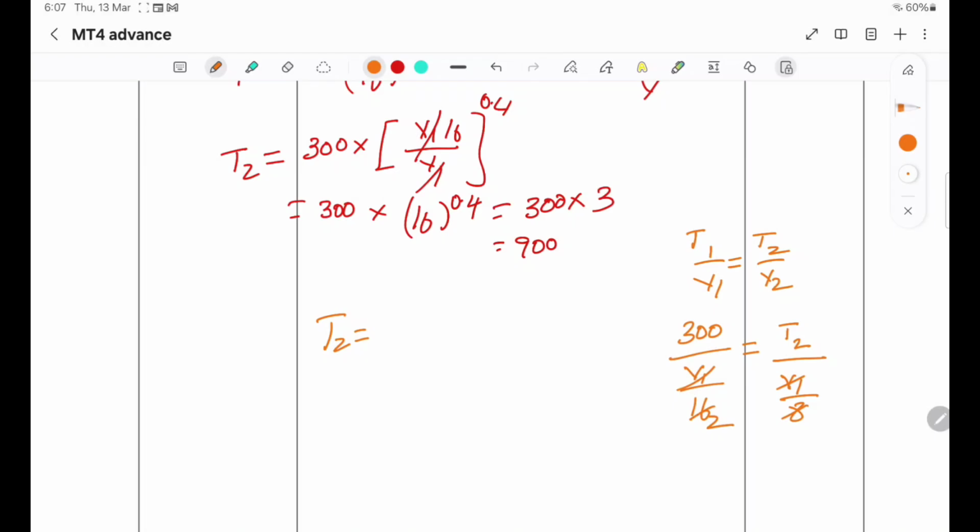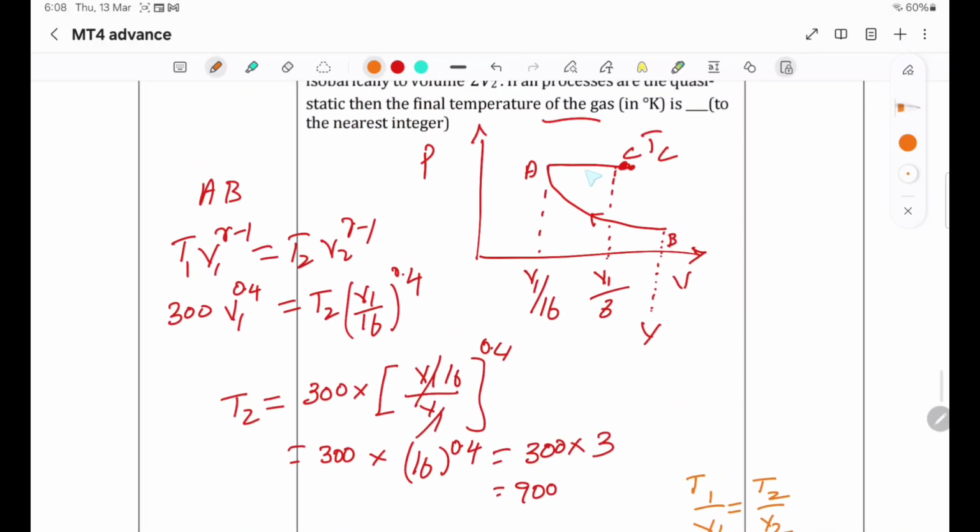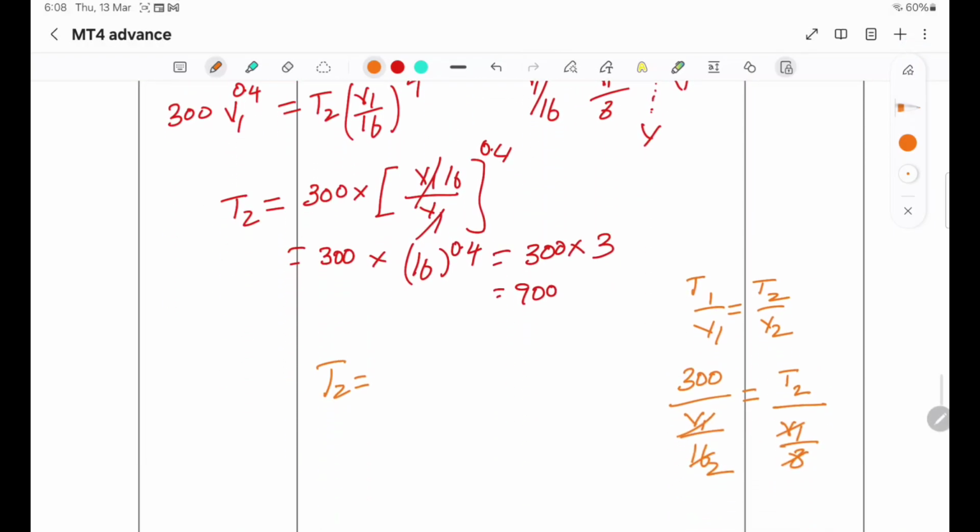I think here I made a mistake. It is going from this point to this point, so this is T2 V2, this is T3 V3. Let me erase everything and redo this.